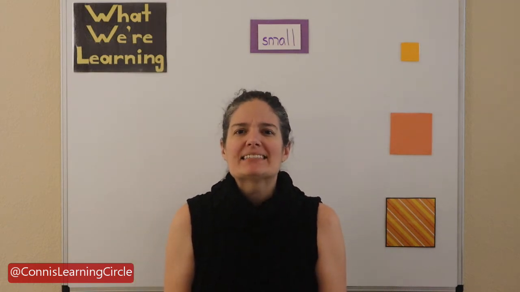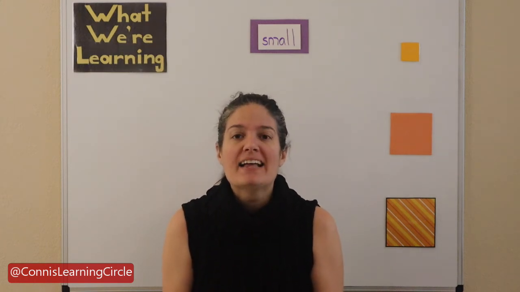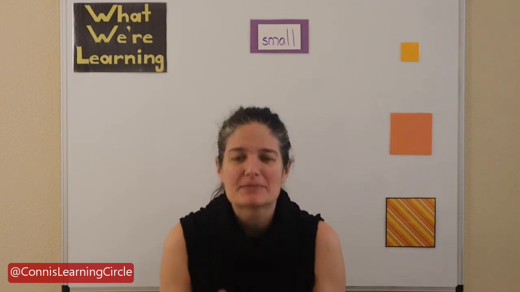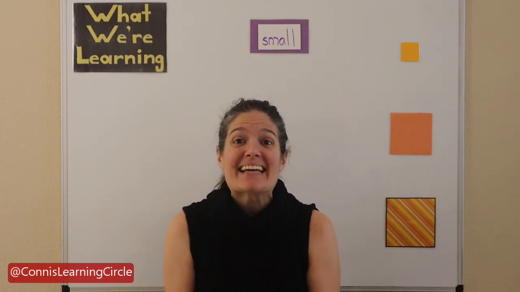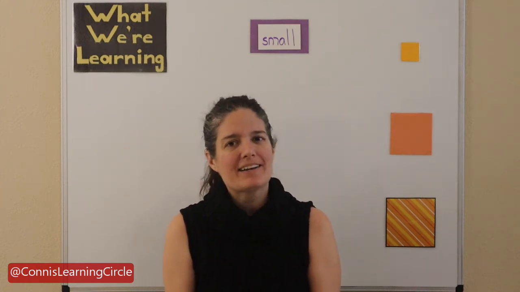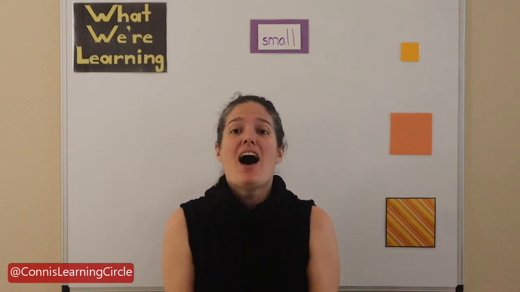Now, let's see if we can think about some things that are small. What can you think of that takes up very little space? Very good, an ant. An ant is very small. It takes up very little space. What else can you think of that's small? A cricket.